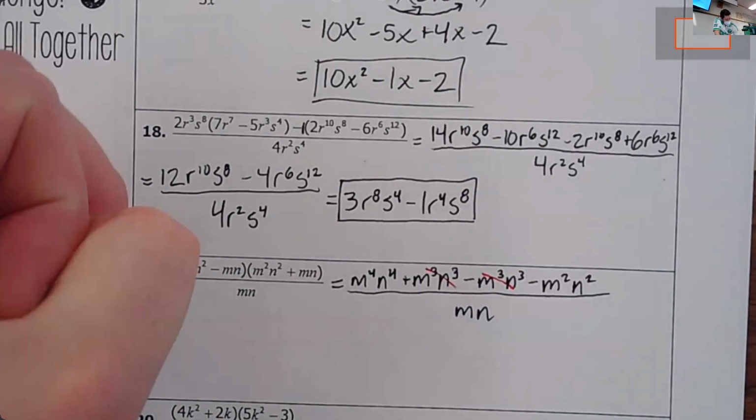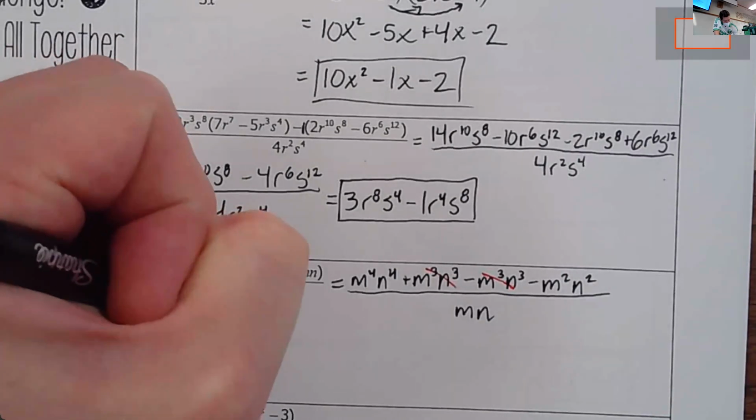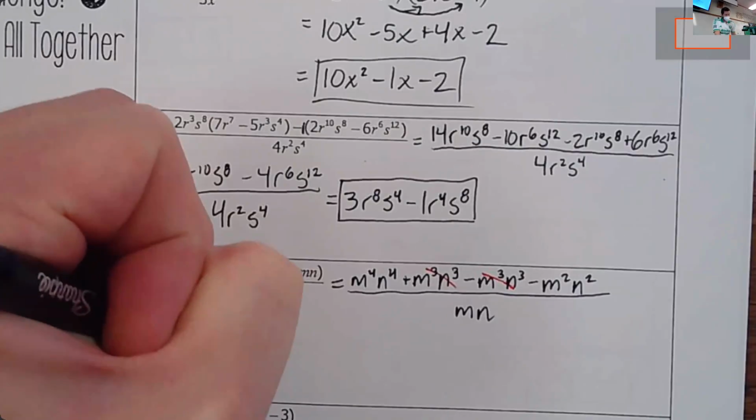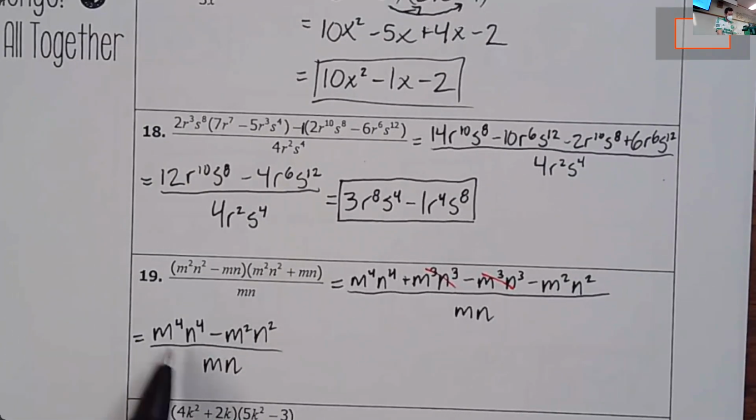m to the 4th, n to the 4th, minus m squared n squared over mn. And so the last part would just be to subtract the exponents with the same variables here. So 4 minus 1 is 3, 4 minus 1 is 3.